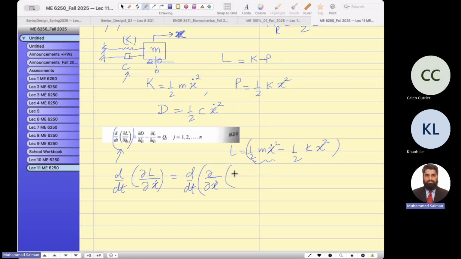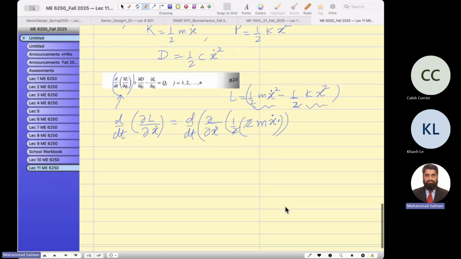So half is there, 2m x dot, and times the derivative of x dot, which is 1. Agreed? The partial derivative of the second term is 0 because there is no velocity variable. You agree with your professor?